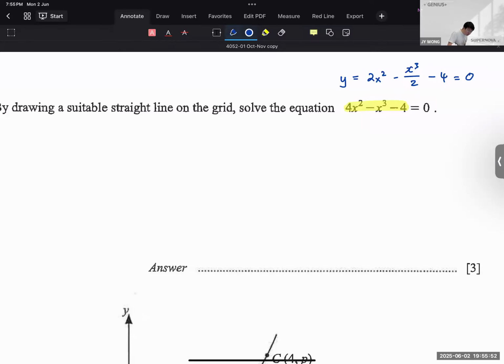So you are expected to make this equation look like y and not the other way around. Or the other way to think about it is make y appear. Okay, that is the theory behind this kind of question for 3 marks.